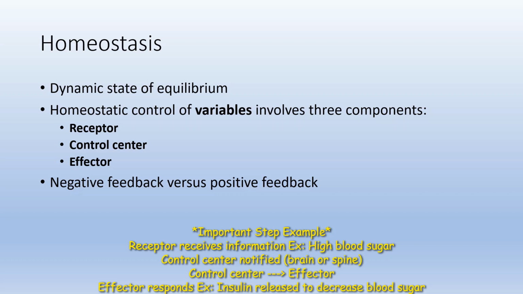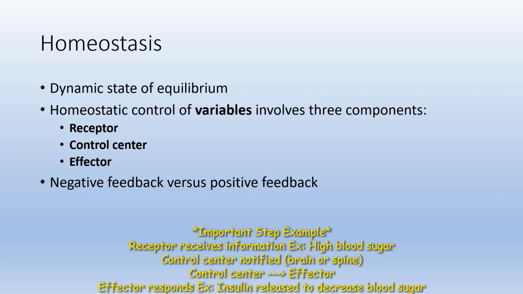disruption in homeostasis. The control center receives the signal from the receptor. Usually the control center is the brain and spinal cord or the nervous system. If you experience an increase in body temperature, the receptor then goes to tell the brain and spinal cord about that stimulus.